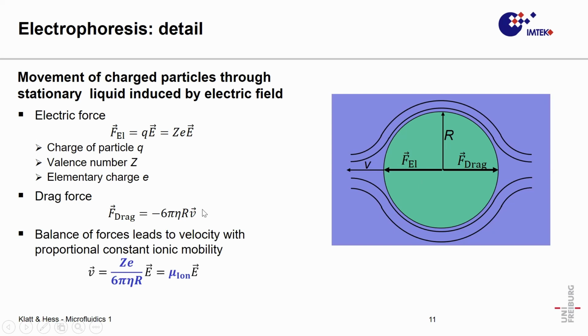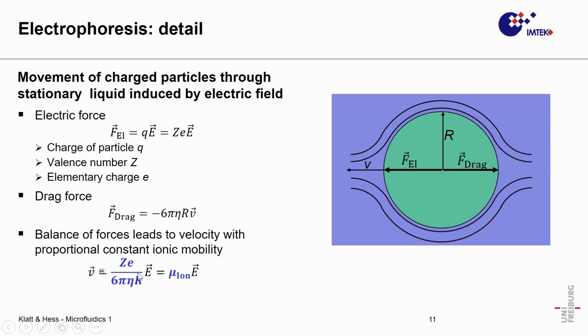And if you now want to get the velocity of your particle, you can just do the force balance between the drag force and the electric force. You then get a value for the velocity of your particle that depends on the electric field E and the so-called ionic mobility, mu ion in this case.